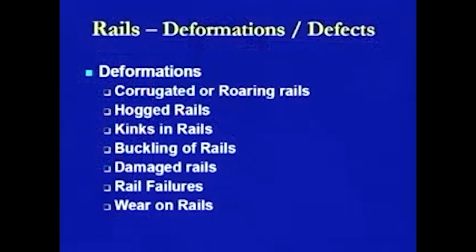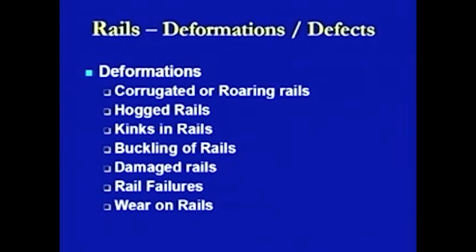Now, we come to some of the deformations or defects which may be caused in the rails. There are different types of deformations or defects. One is corrugation. Corrugation is a condition in which certain irregularities get created at the top surface of the rail section.